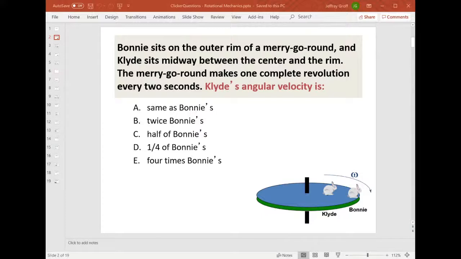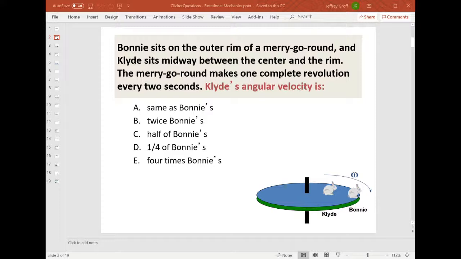So that's pi radians per second, 3.1415 radians per second is the angular speed. And the question is, does that answer depend on where you are? And the answer to that question is no.